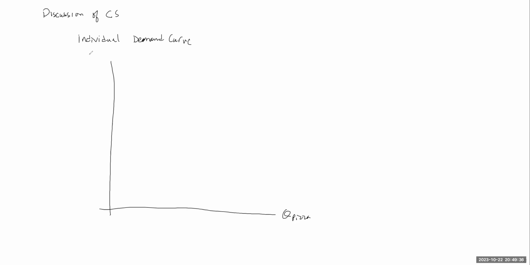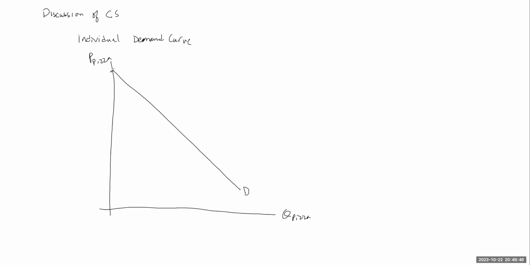Let's just draw it. Here's quantity of pizza, here's the price of pizza, and here's the demand for pizza by some person.